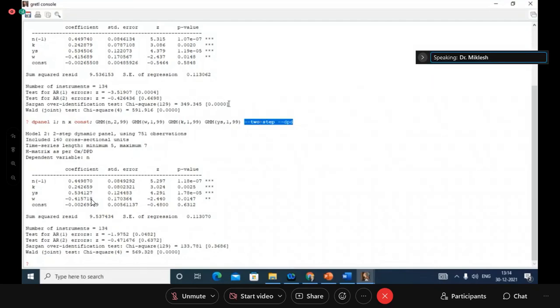You applied one step. I did not do anything, I simply added two step. When you applied one step Arellano-Bond, the result was not robust. Why? Because the Sargan test was significant. It means the null hypothesis is rejected, and we said that the instruments are not valid. But now my instruments are valid.